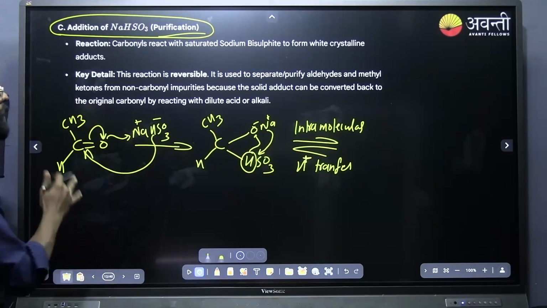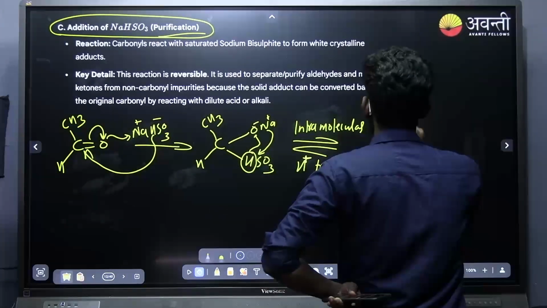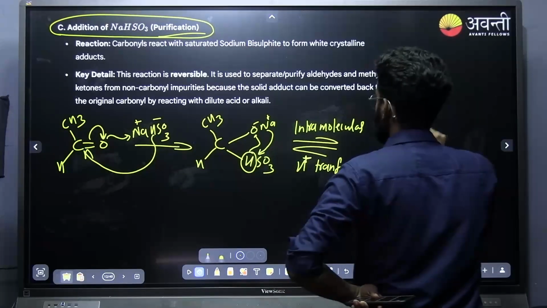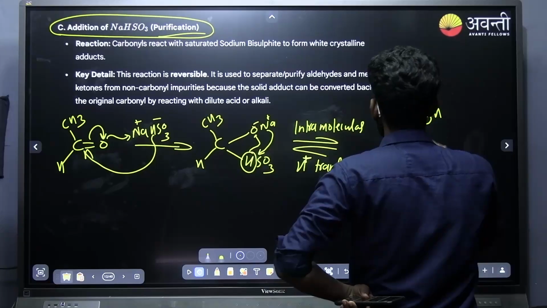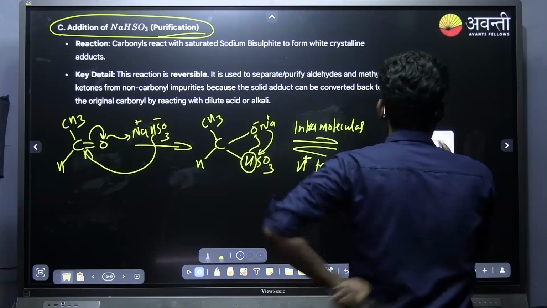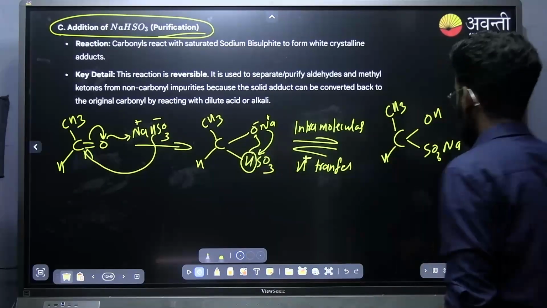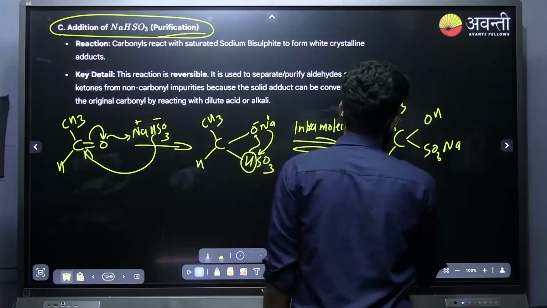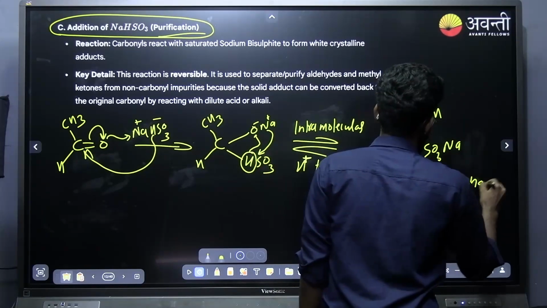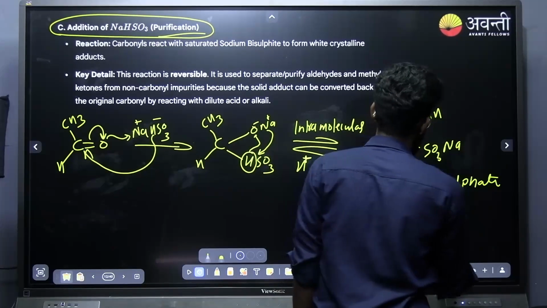That is intramolecular proton transfer, resulting in the formation of the bisulfite of aldehyde, OH and SO3Na. This is what we call the sodium bisulfite of aldehyde, and this is an adduct.